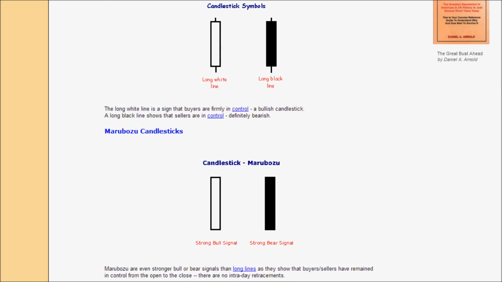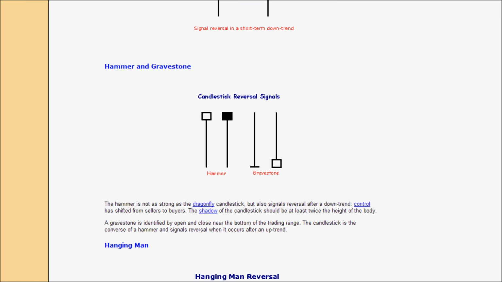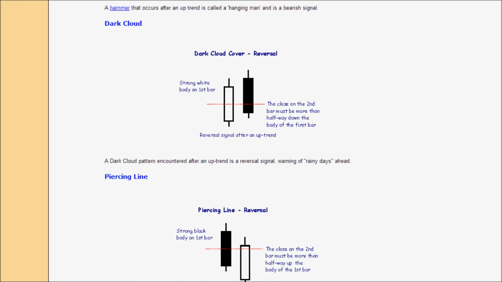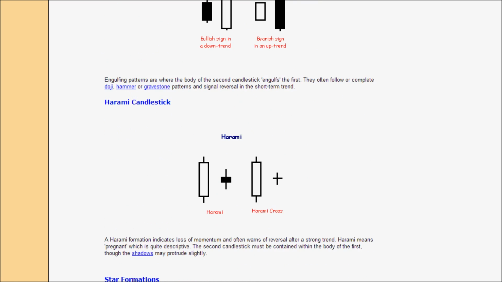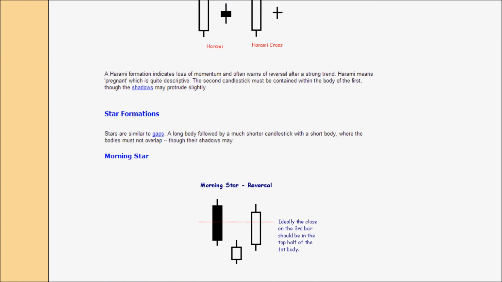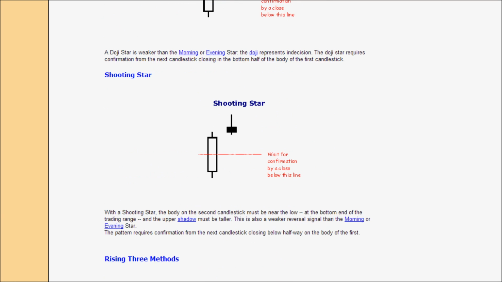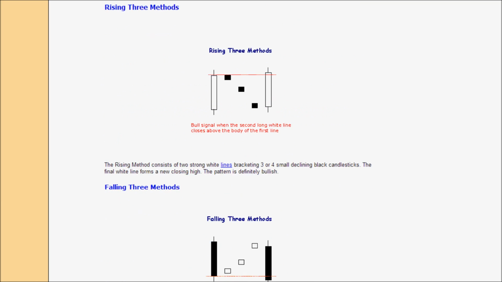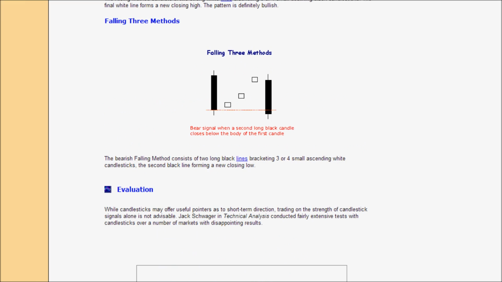They get into patterns: dojis, dragonflies, hammer and gravestones, hanging man, piercing line, which we've discussed, the engulfing patterns, bullish and bearish, that we've also discussed, the harami, which is very common, the morning star reversal, the evening star reversal, the doji star, the shooting star that we've talked about, the rising three method that we haven't spoken of yet, and the falling three method.